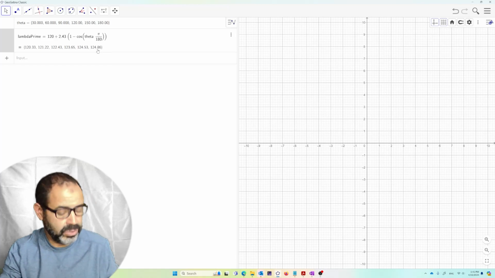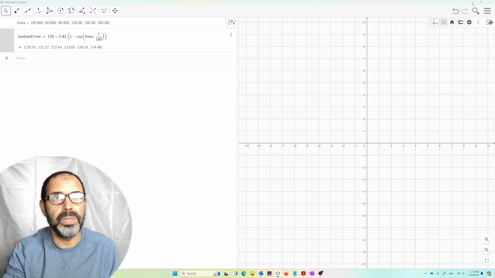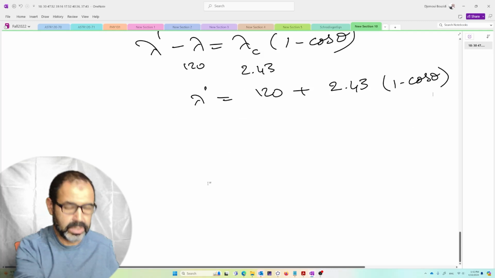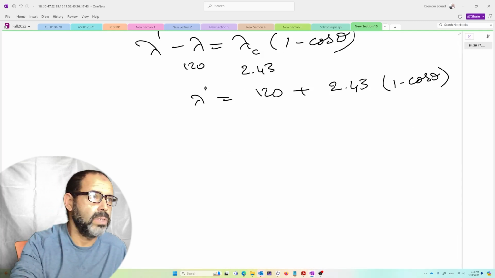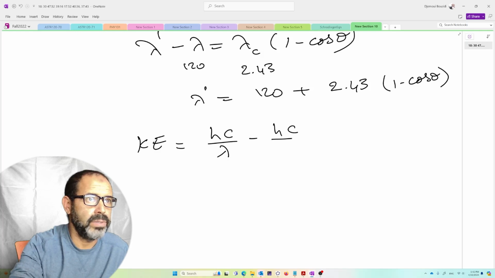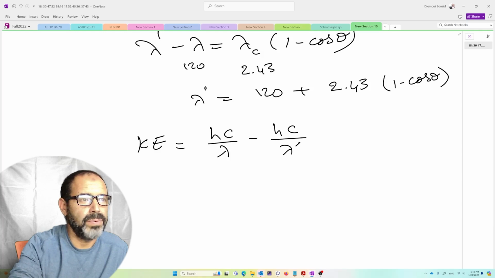If you do the calculations, I really need to calculate the kinetic energy the electron gets. The kicked electron's kinetic energy is going to be hc over lambda, the initial energy, minus hc over lambda prime. Obviously I'm going to plug in the numbers in here and we can go through the calculations.